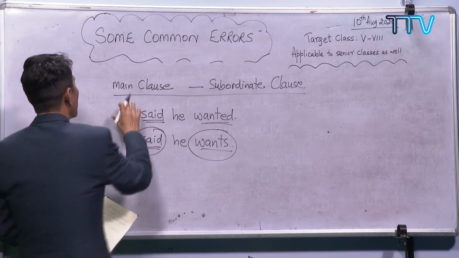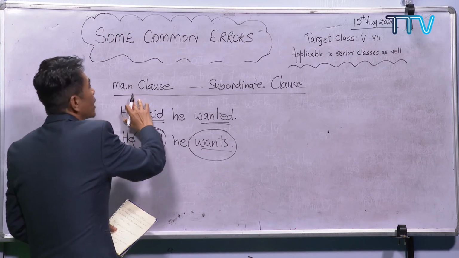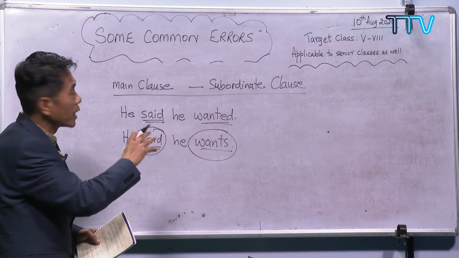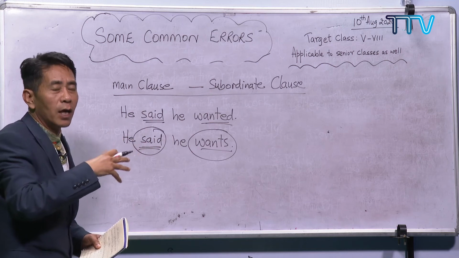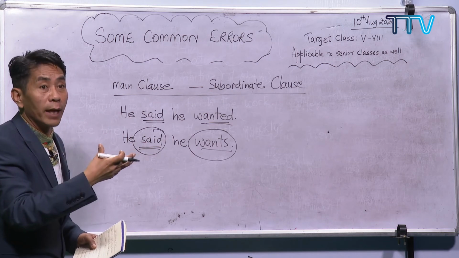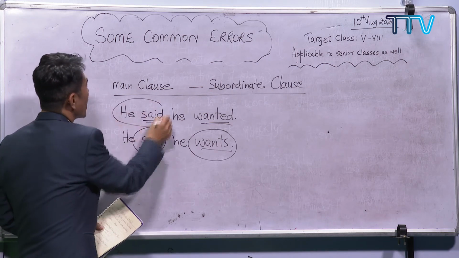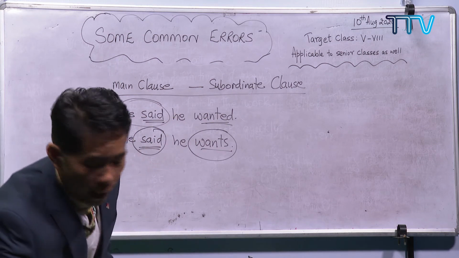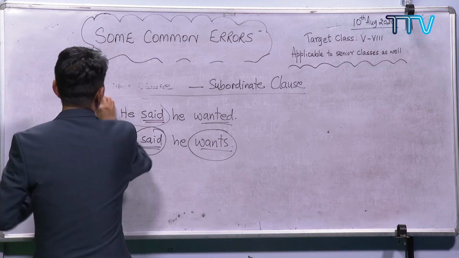If the main clause is in present, then the subordinate clause may be past, may be in future. It depends upon what the writer or the person is trying to convey. But if the main clause is in past, you have to write the remaining in past also. So you should not mix all these things.